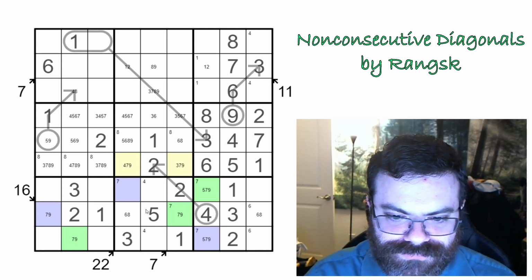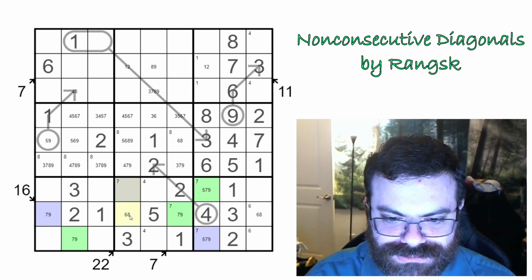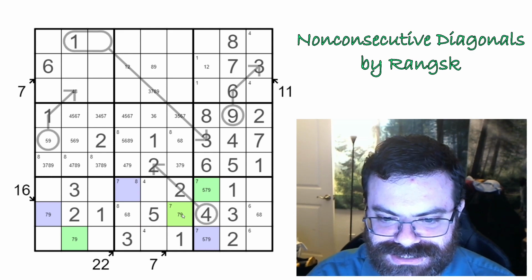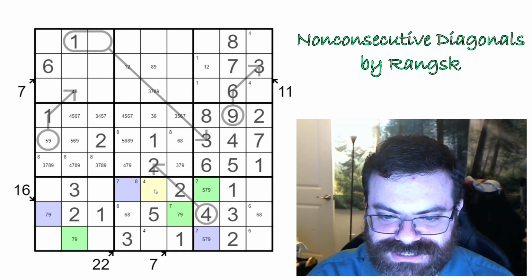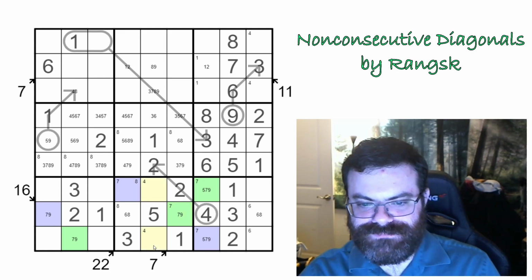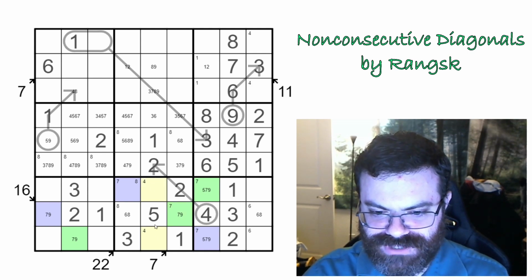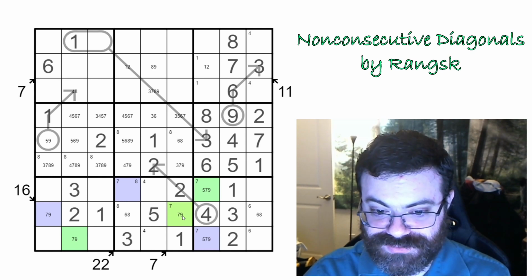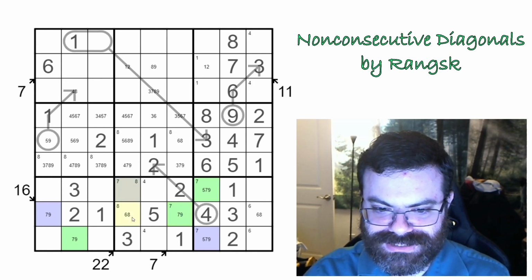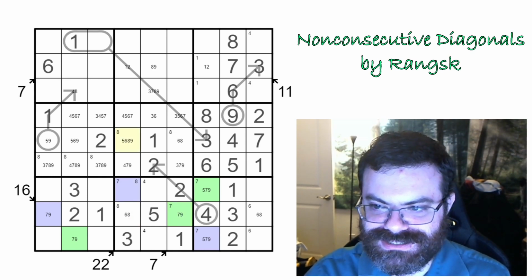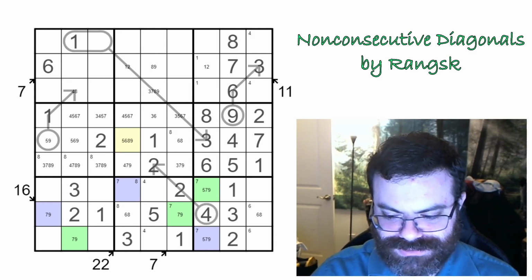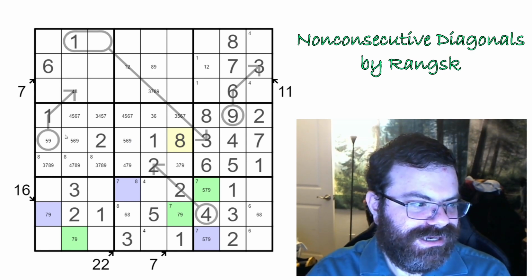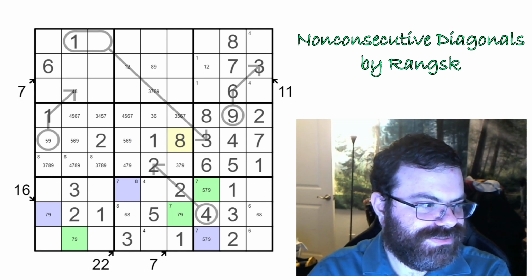So additionally, 8 can only be in these 2. And again, it's because this 7, 9 here is preventing 8 from being in these 2 corners. Because otherwise, if 8 were here or here, this cell could have no values in it. And we just cancel mark these 2 8s, and that sees this 8 pencil mark, which places an 8 here. And that's going to do some good work for us.